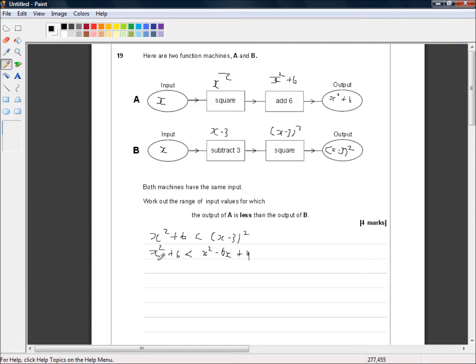Gathering all the X terms over to the left hand side and putting the numerical terms on the right, so we get our answers nice and positive. So we've got X squared, and then this X squared term goes over here, so it becomes negative X squared.